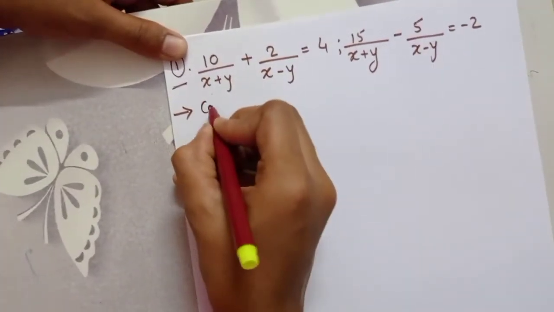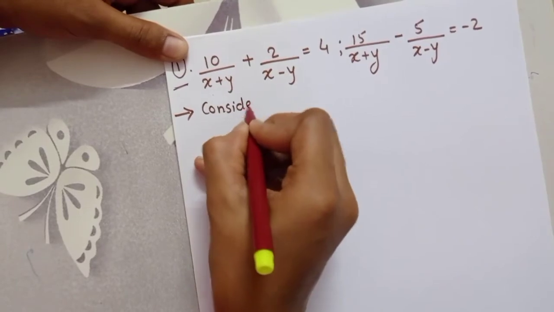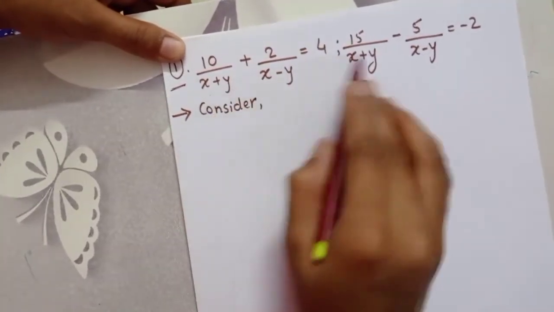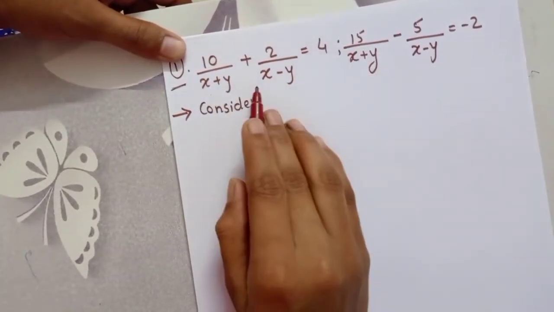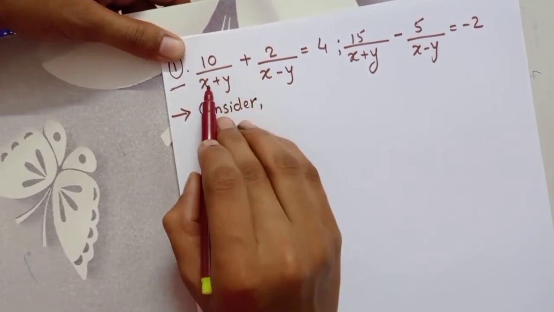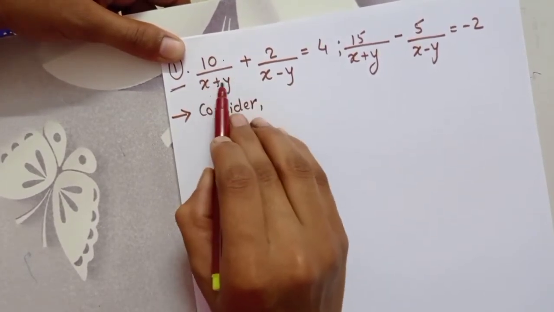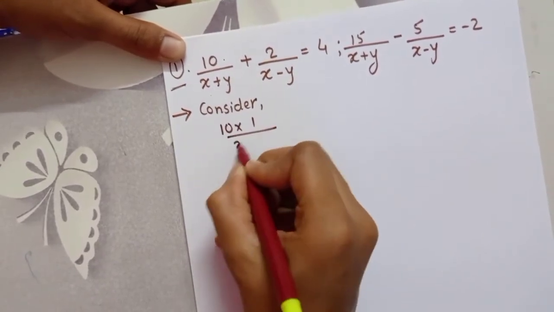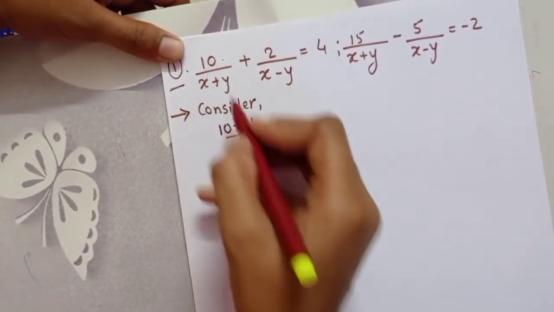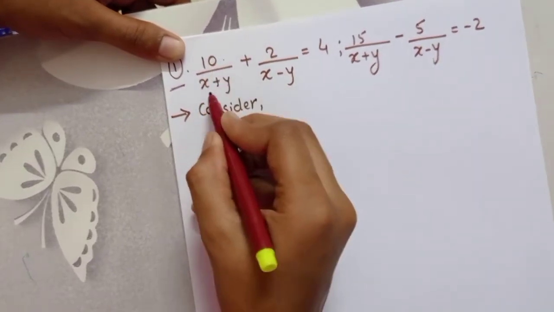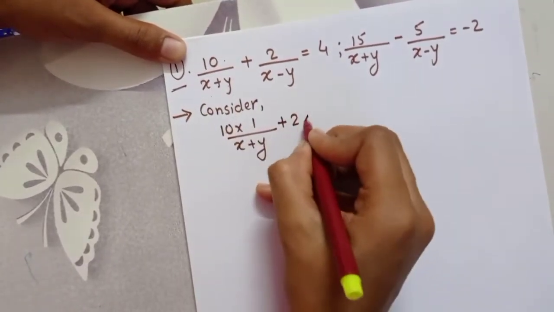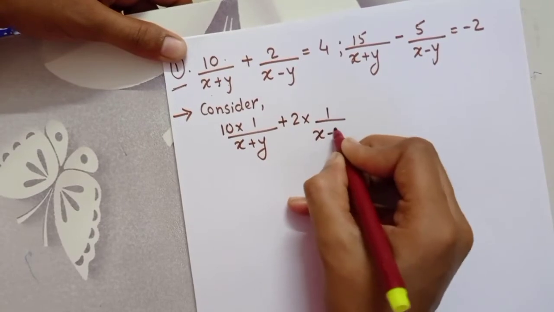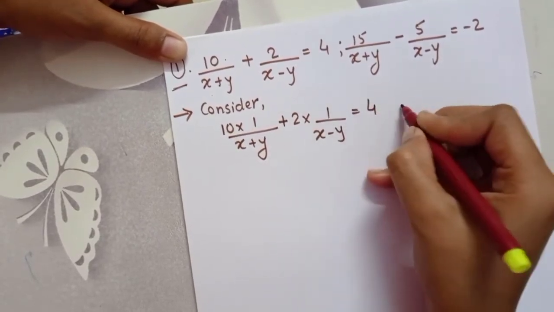Writing the equations as they are, observe that in both equations 1 by x plus y is common. The first equation is 10 into 1 by x plus y, plus 2 into 1 by x minus y, is equal to 4.